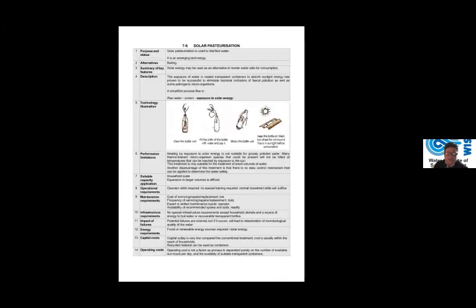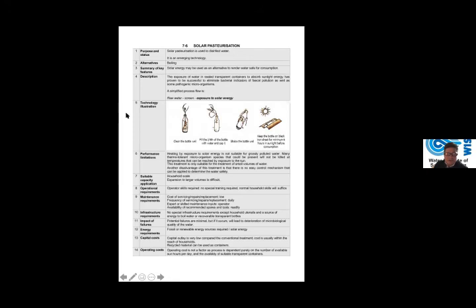Solar pasteurization, that is really, if you don't have other options, you can just fill a bottle with water and let it lie in the sun, and the water will at least be pasteurized to some extent. This isn't the same, you can see its alternatives there. Boiling is another option that you can do if you don't have any other options.